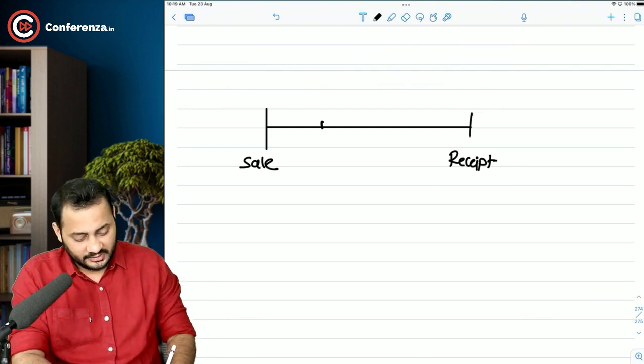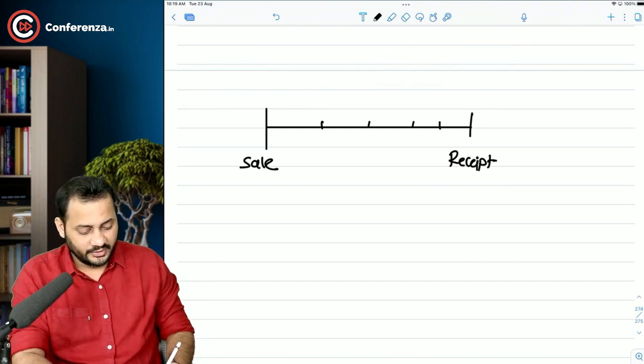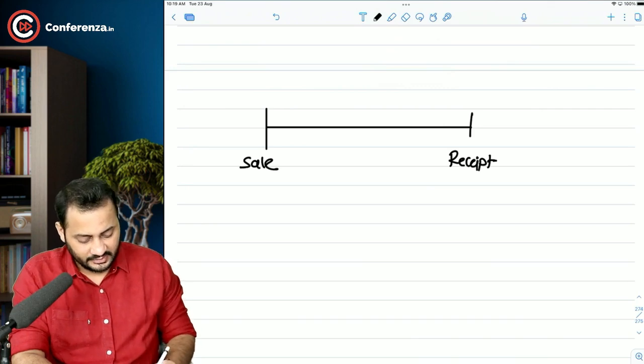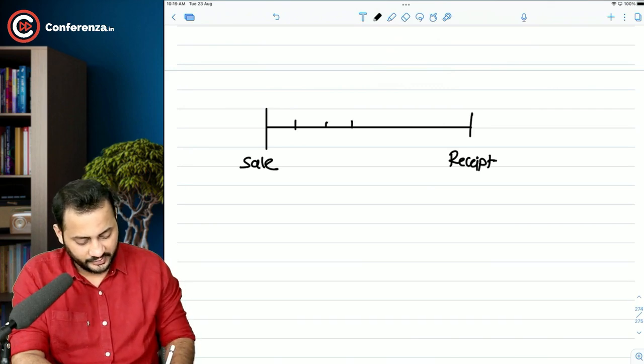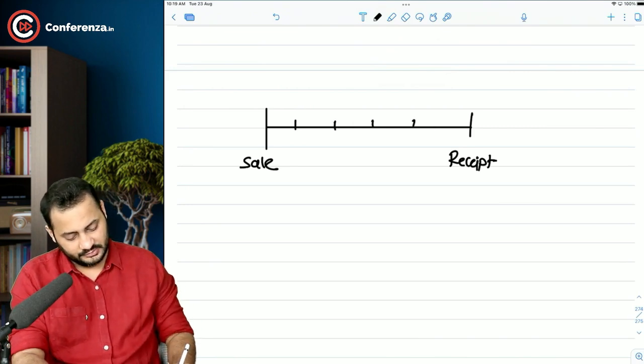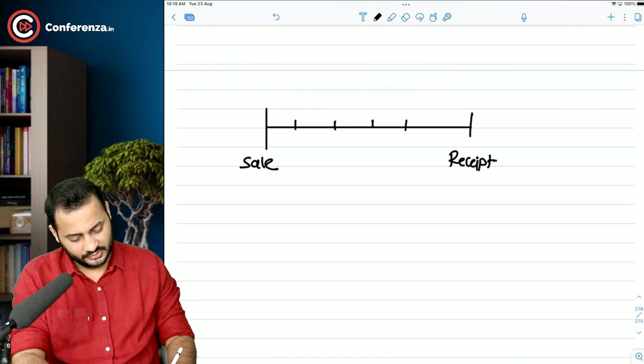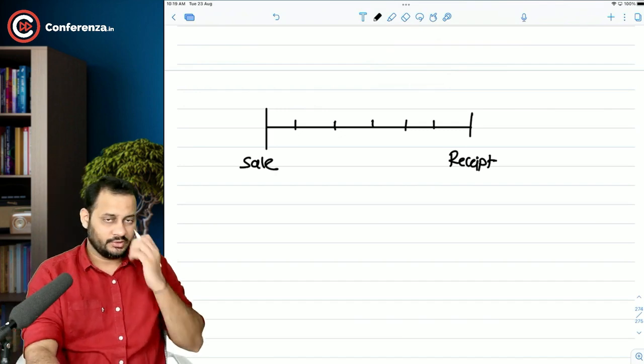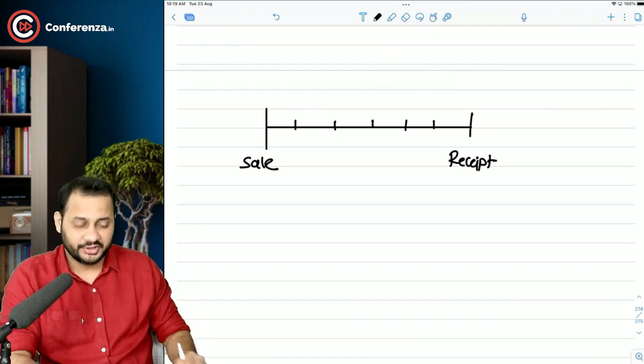Now when you don't receive the money today, there arises the risk of a fluctuating exchange rate.